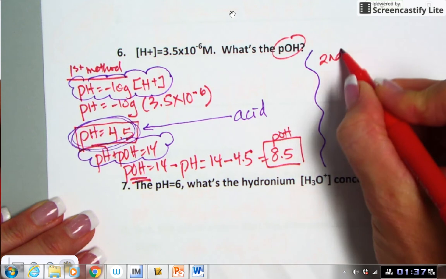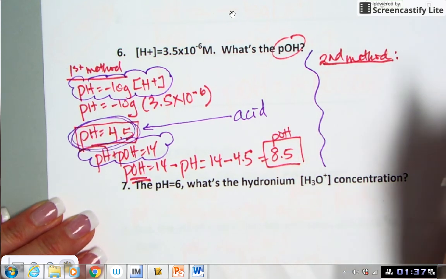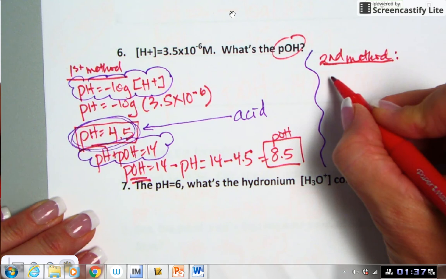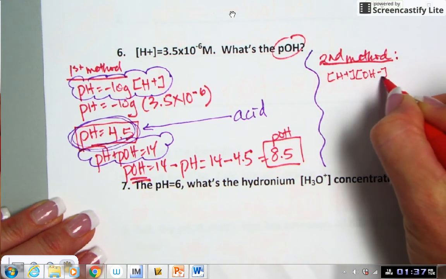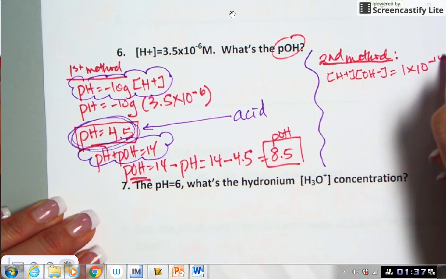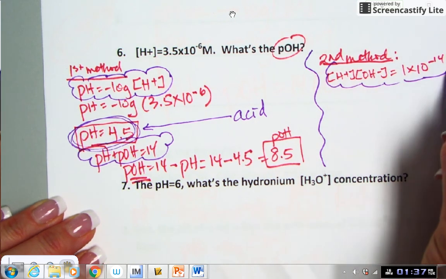Let's look at the second method, which would involve using formula number 1 and then formula number 3. Formula number 1 was H+ times OH- concentration equals 1 times 10 to the negative 14. That was the very first formula we wrote down.